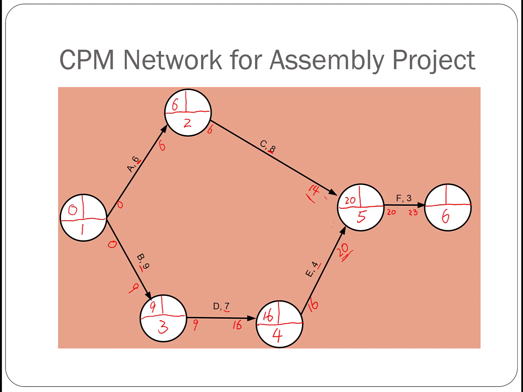We have our completion event, node 6, and its early event date is 23. So with this, we can complete our forward pass to find out the earliest start date and the earliest finish date for all of our activities and all the events.